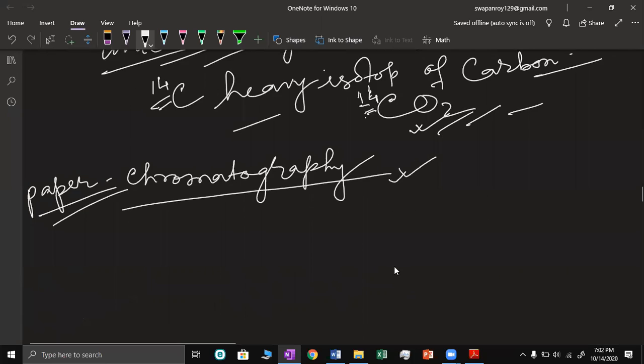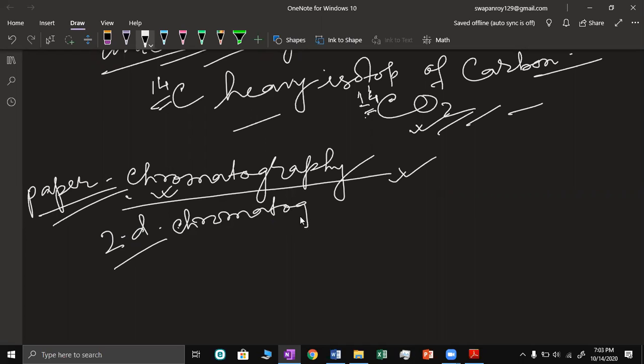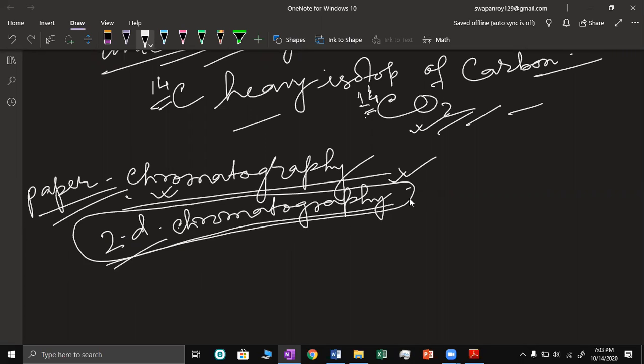Say a mixture of chemicals is there, and the individual chemicals can be separated through this method. Of course, he used two-dimensional, that is 2D, paper chromatography. And by using this, he could trace the pathway of the carbon dioxide reduction.